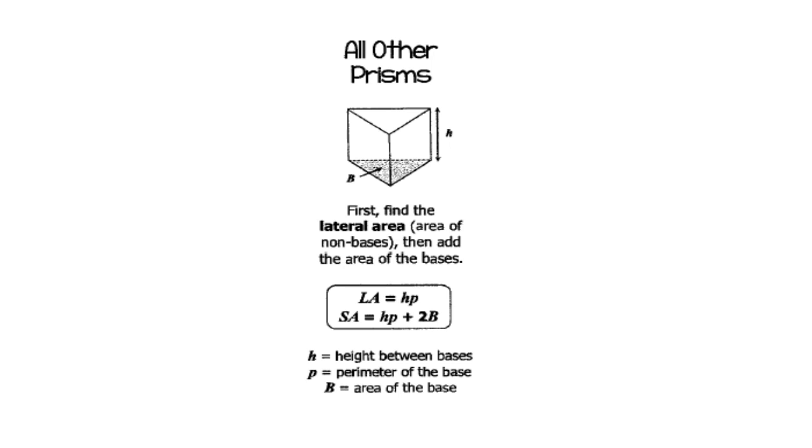The H stands for height, and the height is always going to be the part of the shape that connects the two bases. So when I look at this particular prism, you can see the blue colored shape is a triangle, and that shape is also at the top. So you have a triangle on the top, a triangle on the bottom.